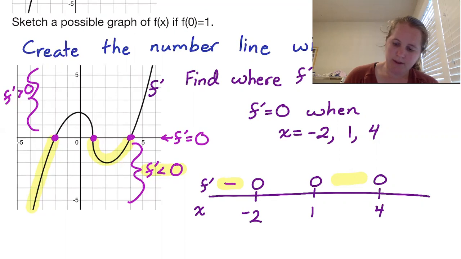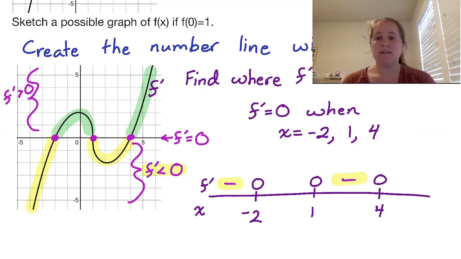This is where we're negative, below the x-axis for our f prime function. Then between -2 and 1 and after 4, f prime is above the x-axis, so f prime is positive.